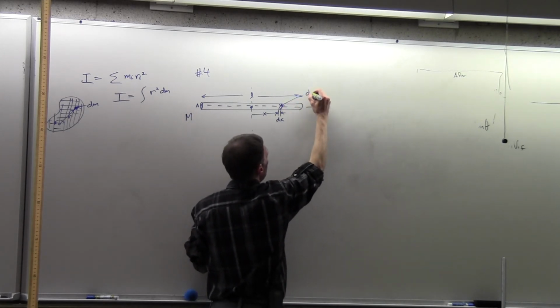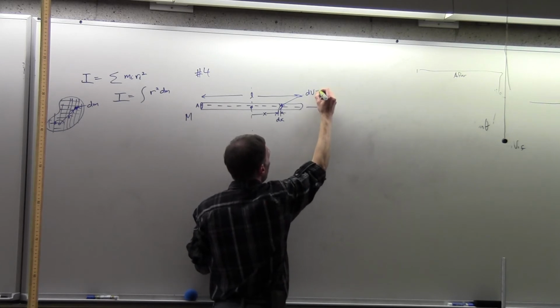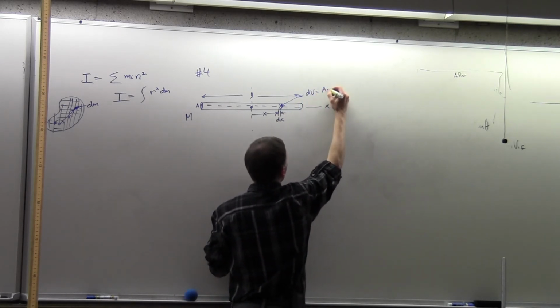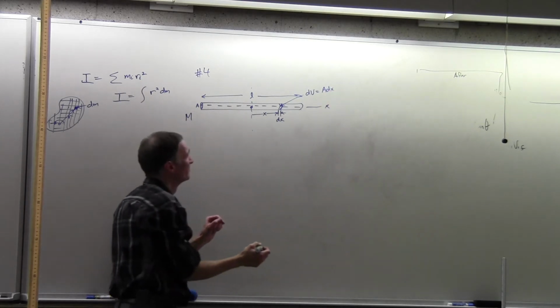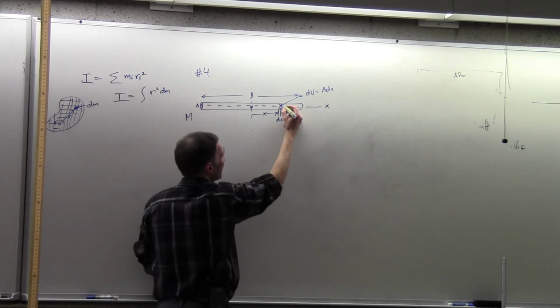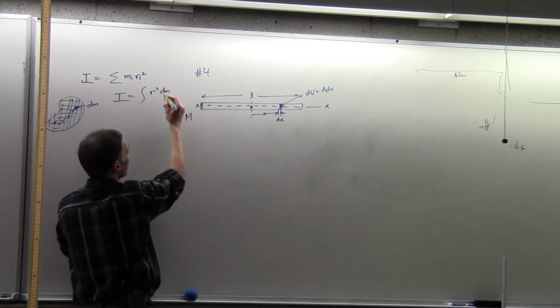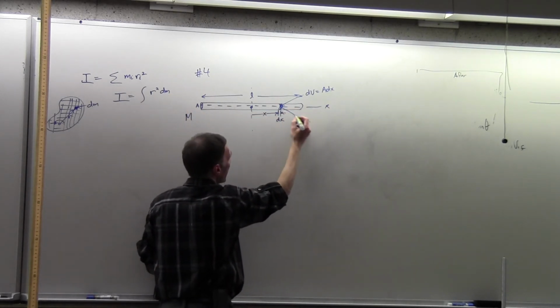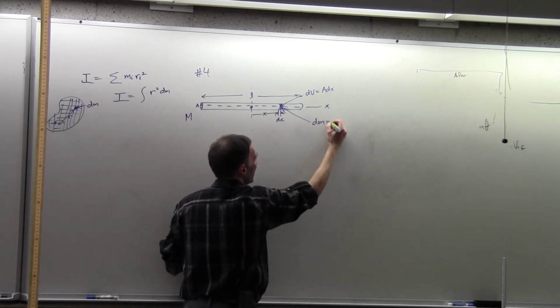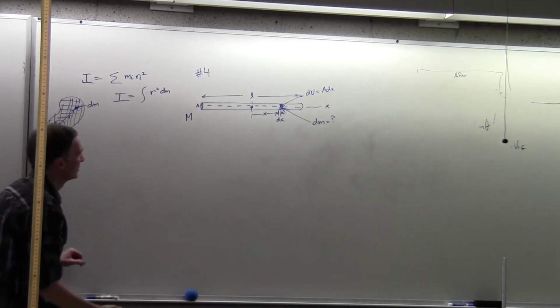That's going to be a little dV, and that volume of that thing should be the cross-sectional area times dx. And then ultimately, we also want to get at that this little piece has a little differential mass, a little dm. Okay, and we need to find out what that is.